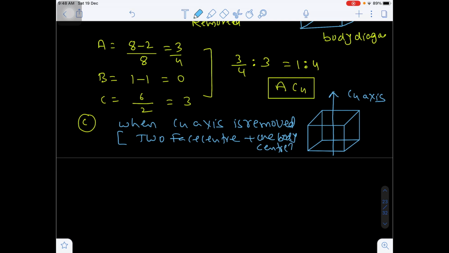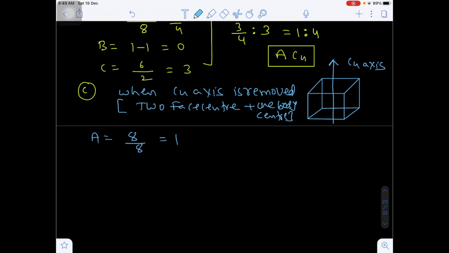Now there will be no destruction in the corners, so corners will be 8 with contribution 1 by 8, so A is equal to 8 into 1 by 8, which is 1. Whatever particle is located at the body center is removed, so the B particles will be 0. Now what about the face center particles? Total faces are 6, but here two face center atoms are removed, so 6 minus 2, with contribution 1 by 2, will be 2. Here atom A will be 1 and atom C will be 2, so the formula will be AC2. Here also B particles are absent because we are removing the body center particle.